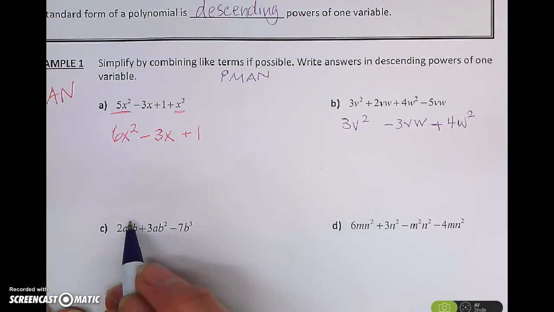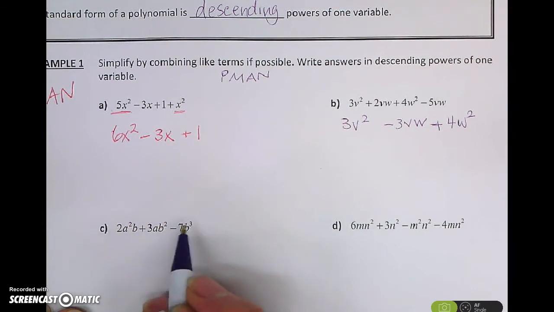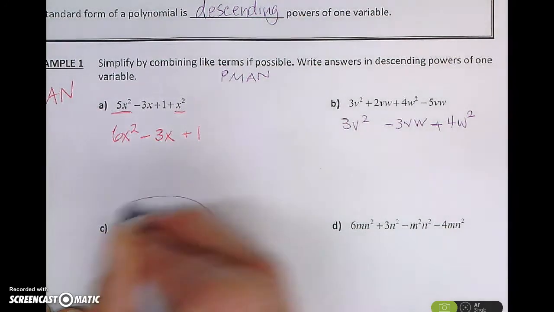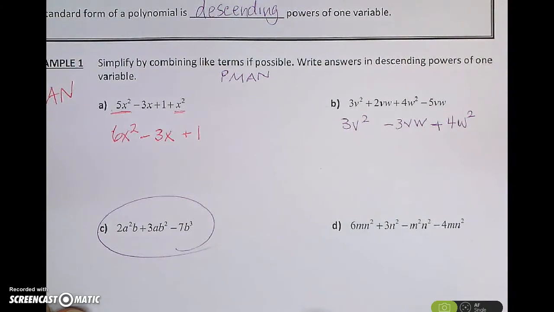If we look at it, and think in terms of a's, we can't combine anything, so no combinations. And now putting in a descending order, we have a to the second, a to the first, no a's. So this is in descending order of a's, so we can accept that as our answer.